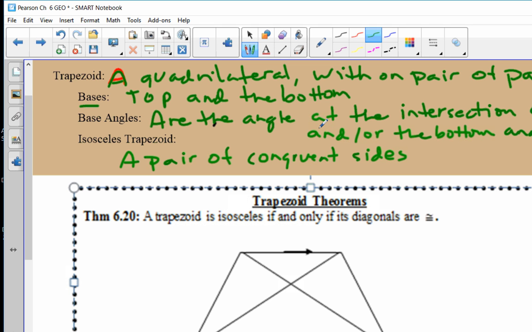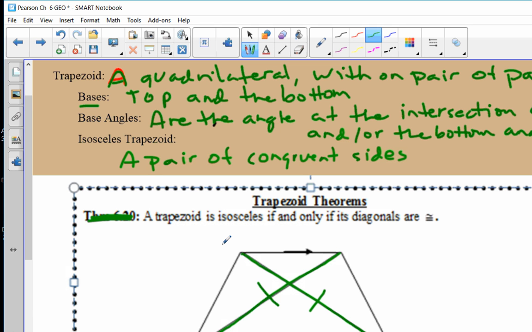In this box, it says, we can forget about the 6.20. The trapezoid is isosceles if and only if its diagonals are congruent. So here are the diagonals. If the diagonals are congruent, and there are ways to prove that, but if they are congruent, then we could say this one is going to be congruent to this one, and that's including the whole thing, not just those little parts of it.